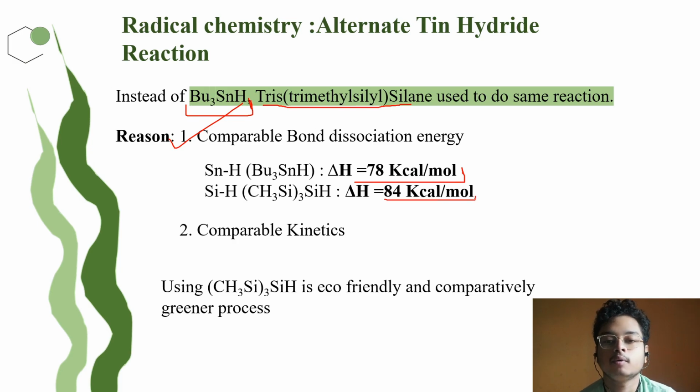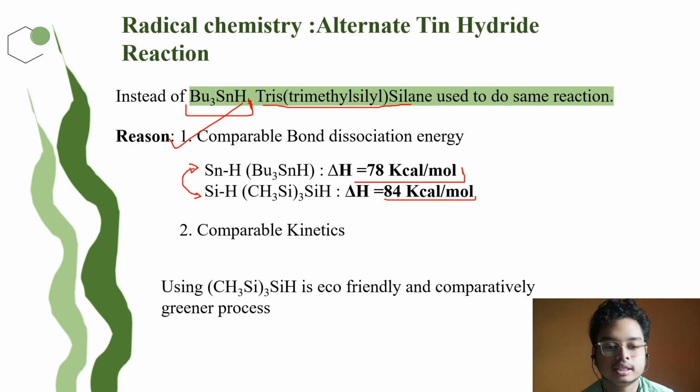So there is a comparable bond dissociation energy between these two compounds. They also discovered that for both cases there will be comparable kinetics. By using this type of compound, there is only about a 1.5 times difference between these two kinetics.